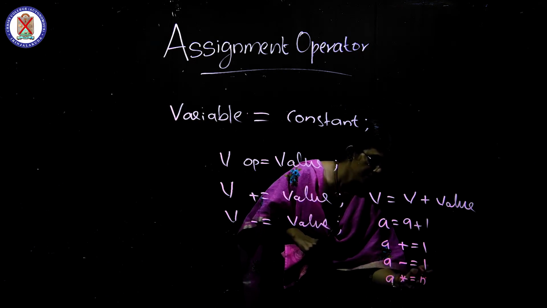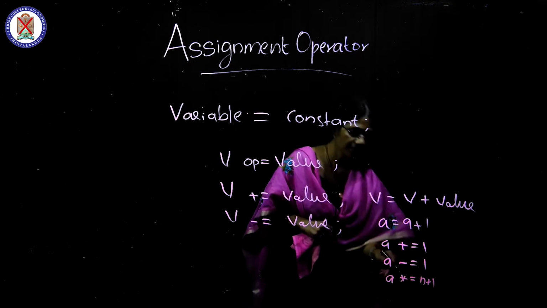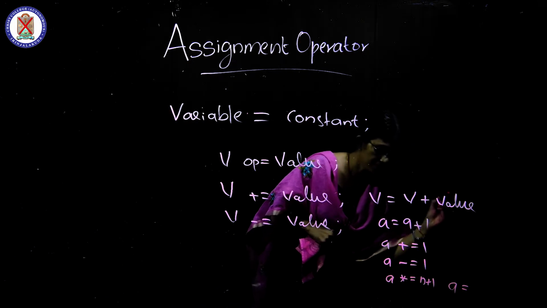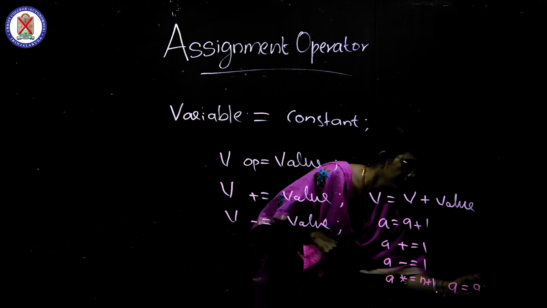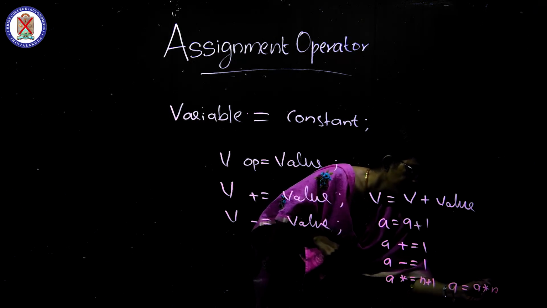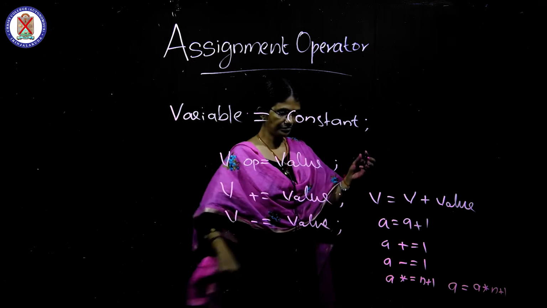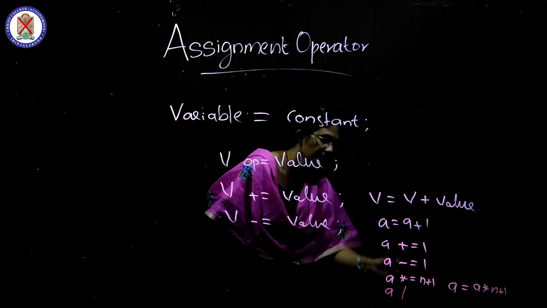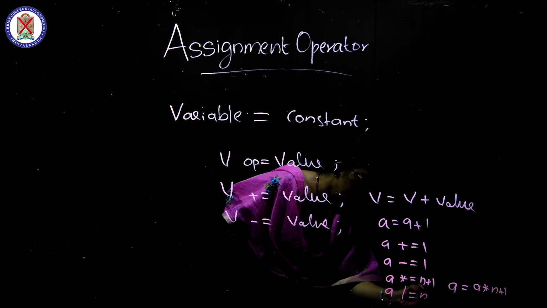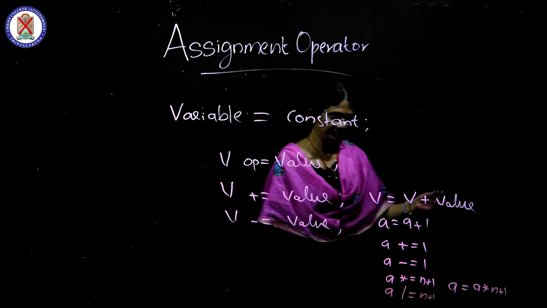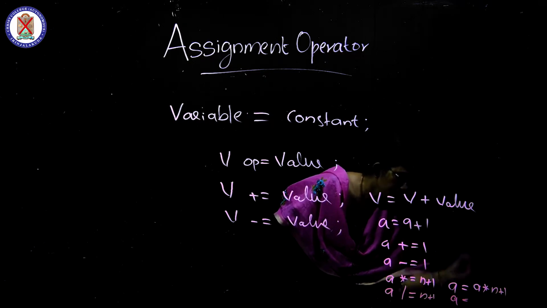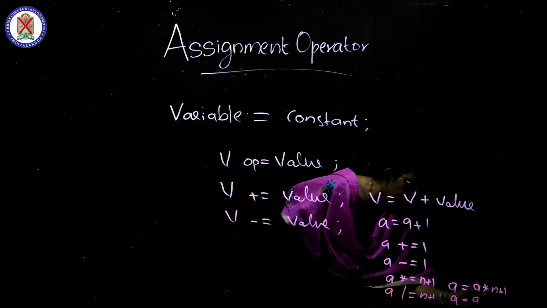A times equals n plus 1 means a equals a multiplied by n plus 1. Then a division equals n plus 1 means a equals a divided by n plus 1.